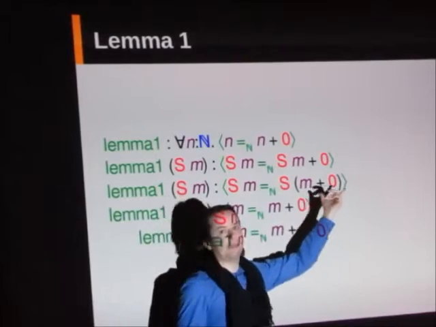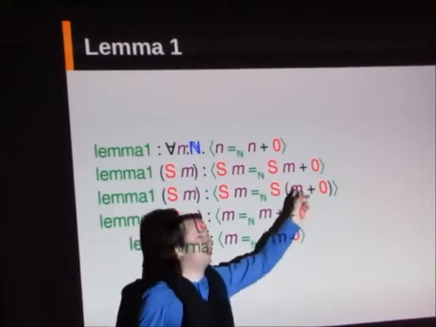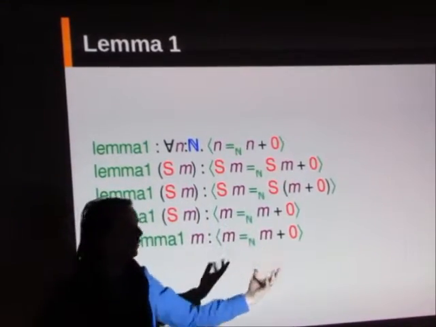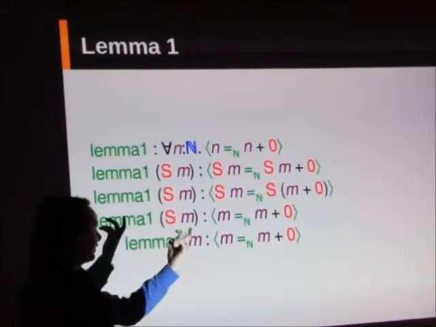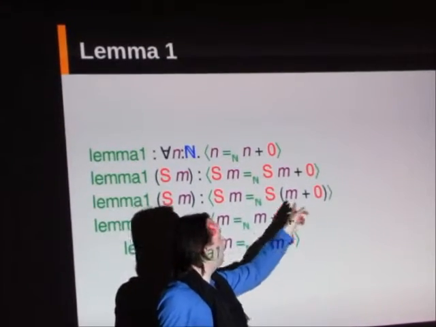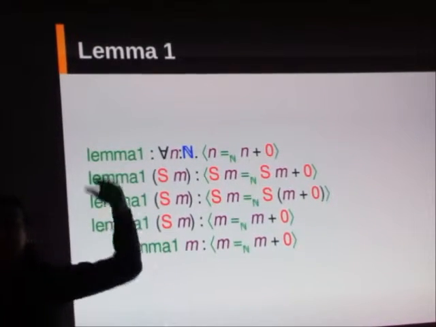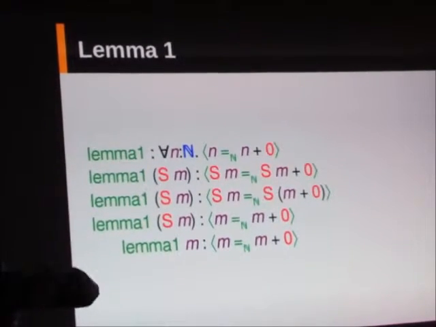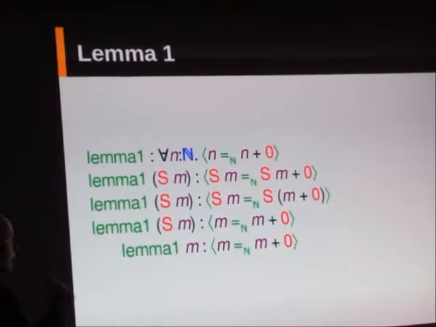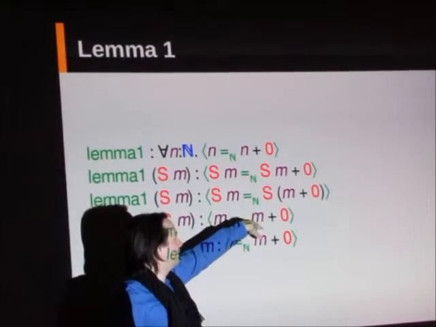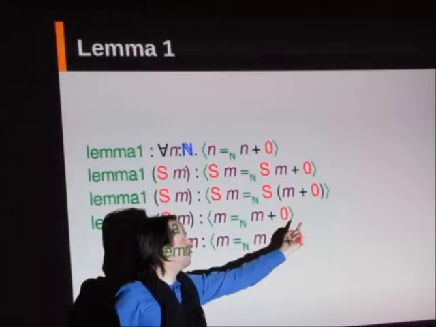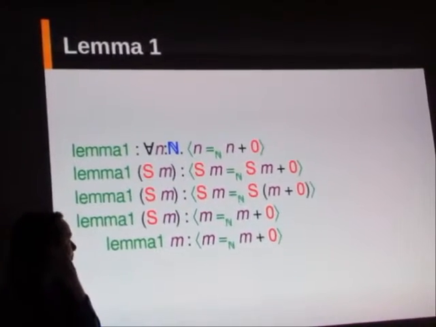At this point, we can't reduce plus anymore because it has to be recursion on m, and m is a free variable, there's nothing we can do about it. But this is far enough to let equality start proceeding, because the way equality works is it strips off successor symbols and checks to see if you get 2 zeros at the end. So equality will strip off 2 successor symbols and recursively call itself on this sub-expression over here.